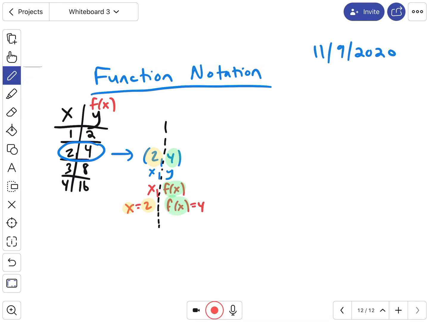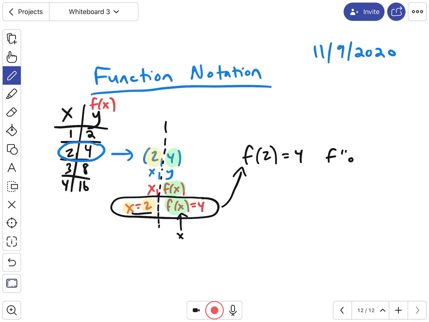Now, what happens with function notation is you can take these two and put them together. Notice there's an x right here, and that's where the x would go, which in this case is 2. So I could write f of 2 equals 4. When I read this out loud, I'm saying f of 2 equals 4.